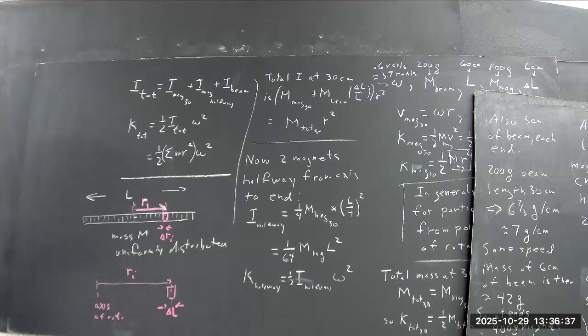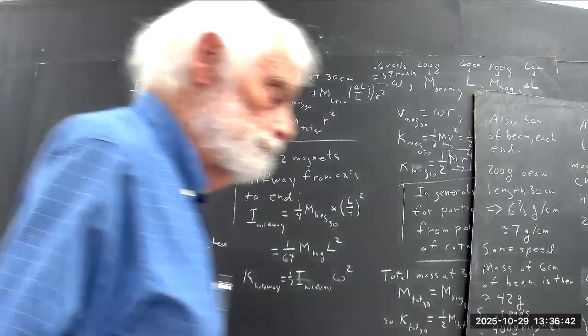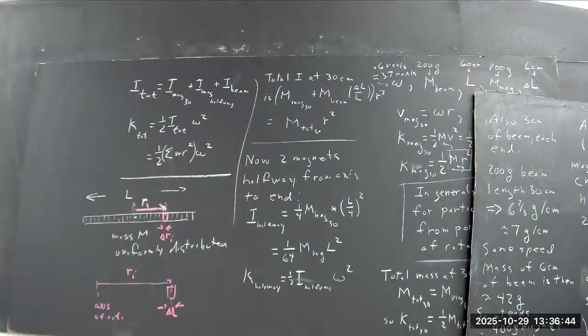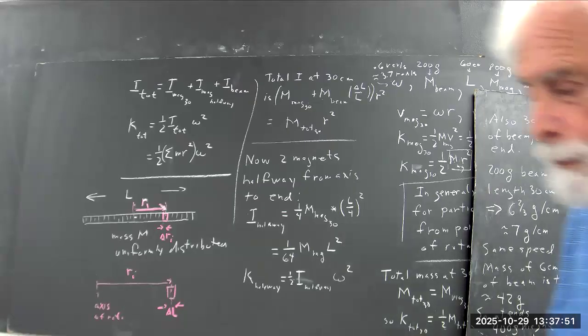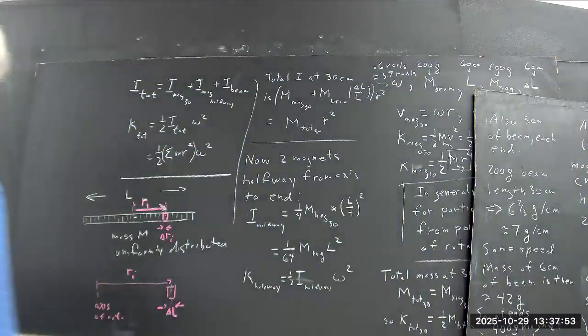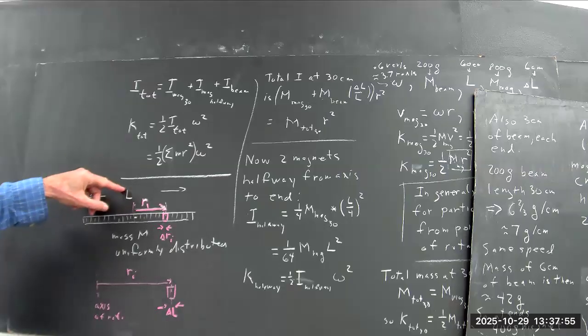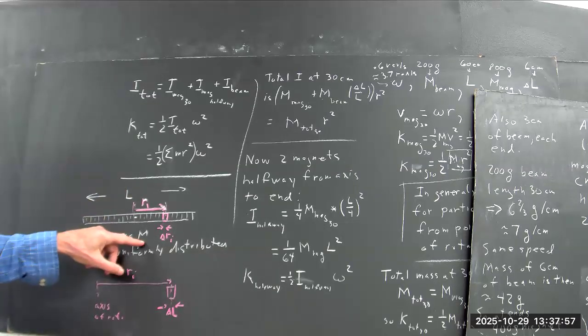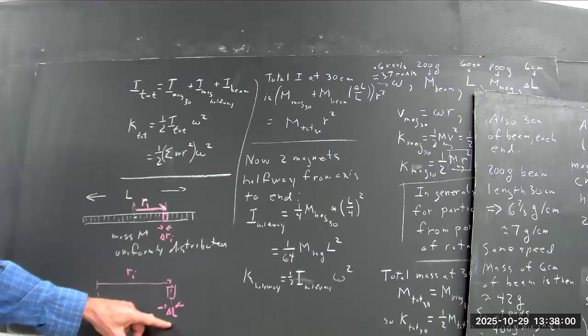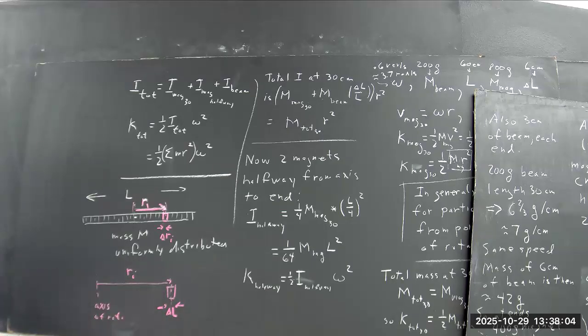What's the moment of inertia? I just asked, if the length of the whole thing is capital L, the mass of the whole thing is M, and this happens to be a segment of length delta L, then what's the mass of this segment?